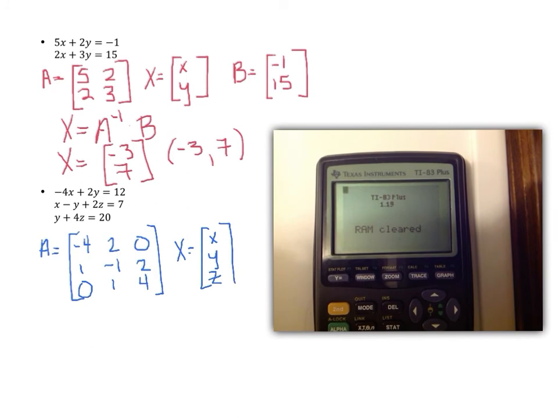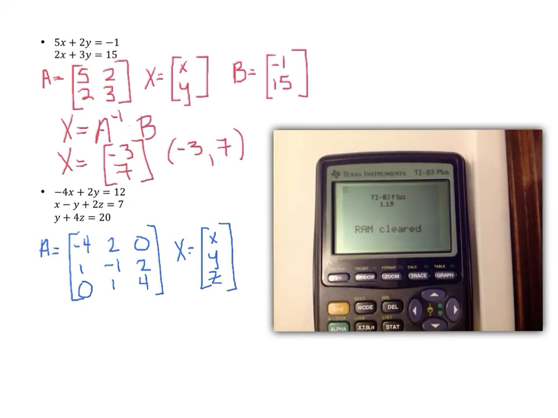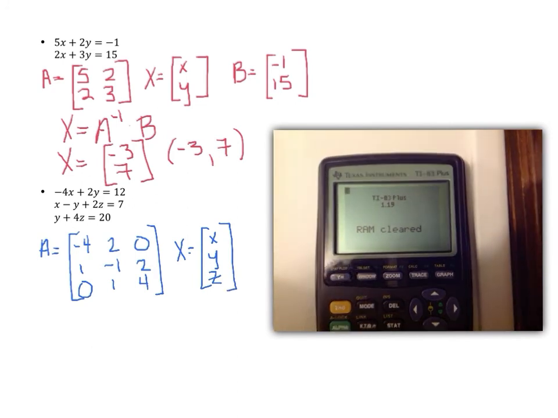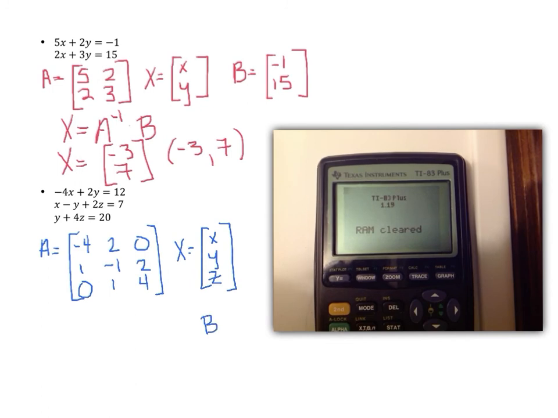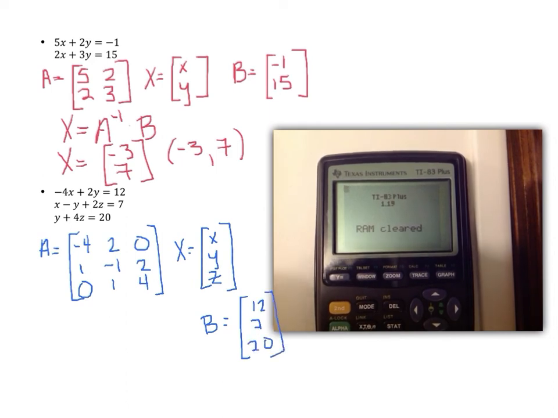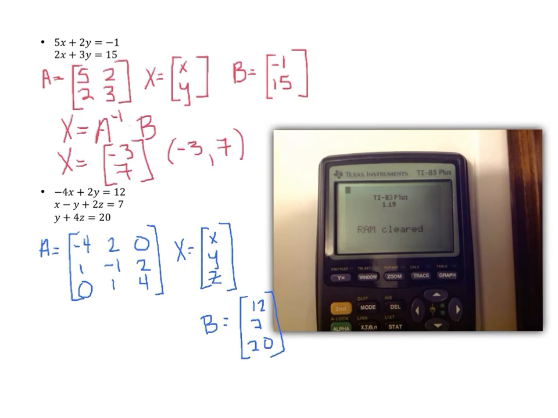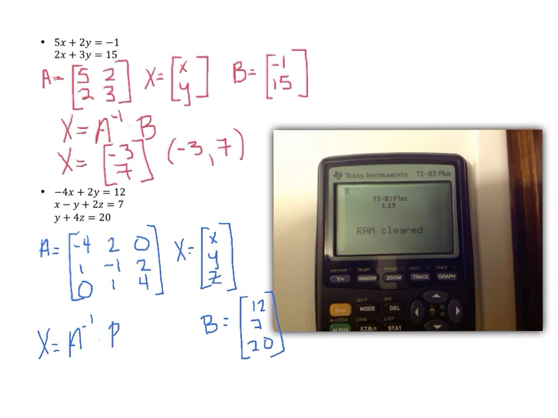And because there are 3 variables, we need to put x, y, and z. So matrix X is still equal to the inverse of A times B.